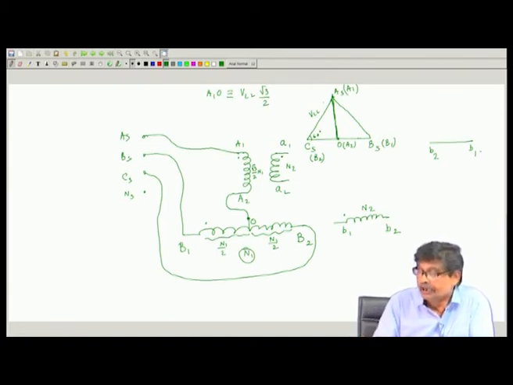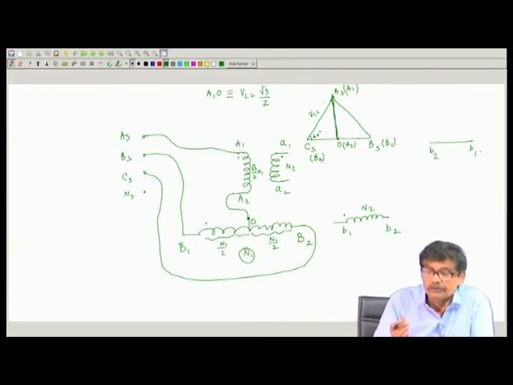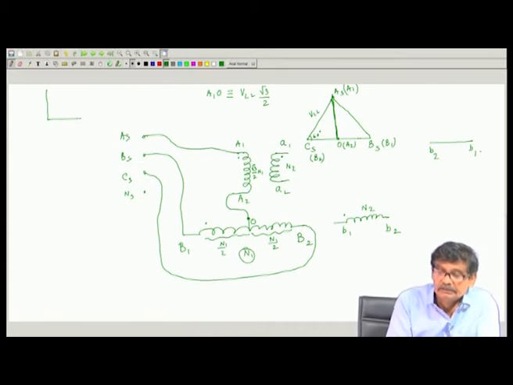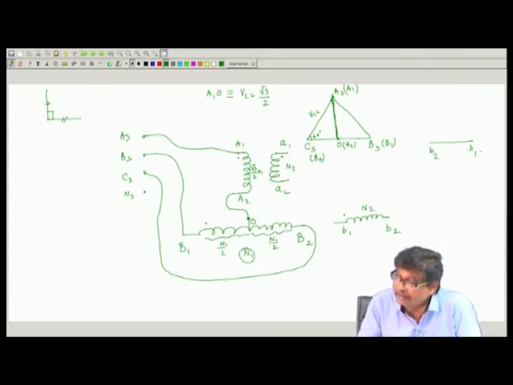See, my goal is to get two voltages at the secondary which will be 90 degree apart. What is a balanced two phase voltage? Balanced two phase voltage is like this. Phase voltages will be equal and they will be 90 degree apart. Maybe one phase is A, another phase is B. That is what I want to get. So, one voltage phasor is like this.